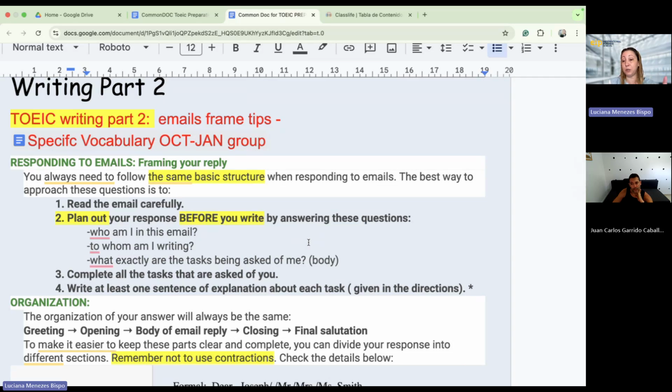Because if the prompt tells you, write an email asking for advice, you are going to be Juan Carlos. But maybe you are going to read an email from Mr. Smith to Mr. Thompson, and you are going to be Mr. Thompson, another character, not me. It is very easy to get mistaken.